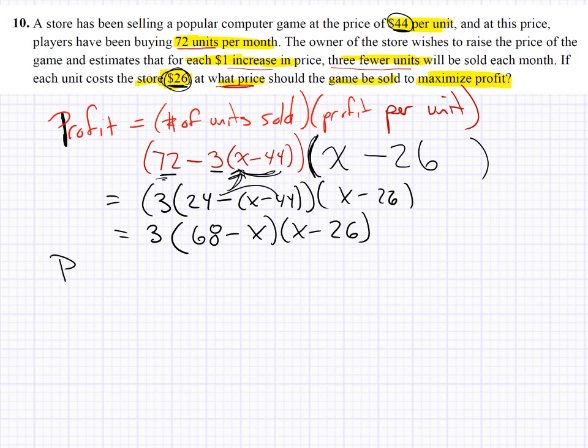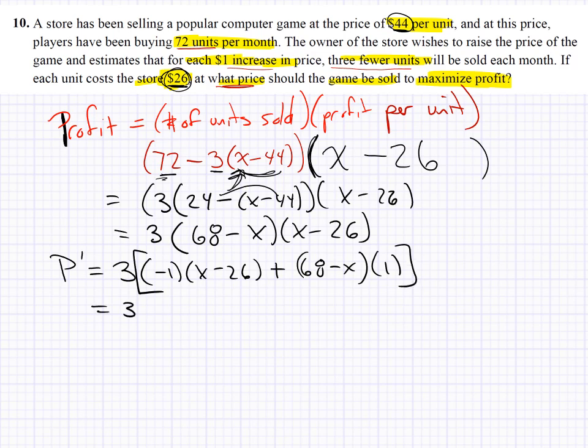So now I'm going to take the derivative of this profit equation. 3 is a constant multiple. This is a product, so I'm going to do the product rule. Derivative of the first is negative 1 times x minus 26 plus 68 minus x times the derivative of x minus 26 is 1.